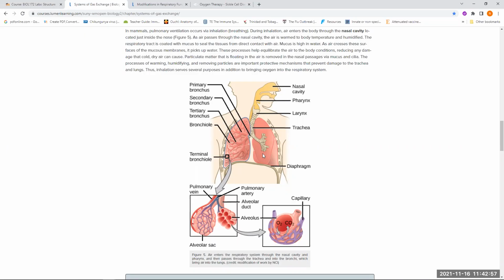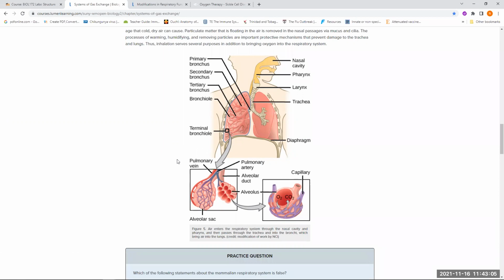There's only one place it happens. Where is that? Pulmonary vein. Well, the pulmonary vein, you're partially right. The pulmonary vein does carry oxygenated blood, returning it to the heart itself.